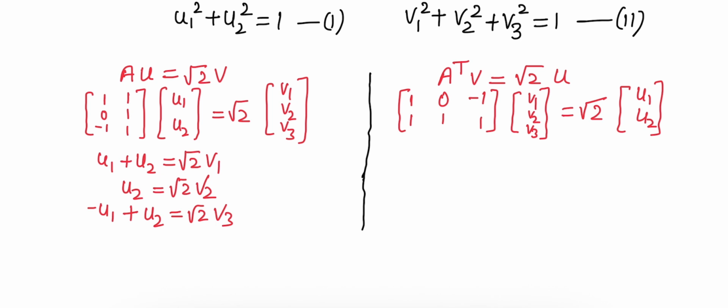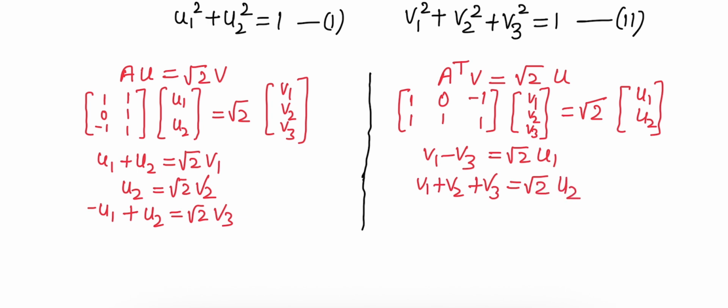From this we get v1 minus v3 equals root 2 u1, and the second, v1 plus v2 plus v3 equals root 2 u2. Okay, now let us number this equation 3, this 4, this 5, this 6, and this 7.